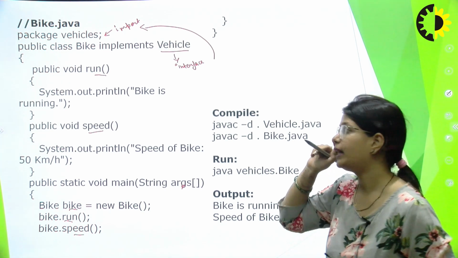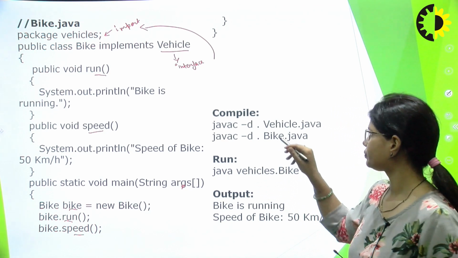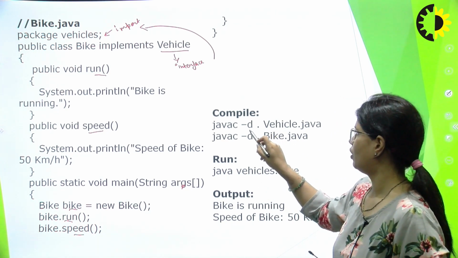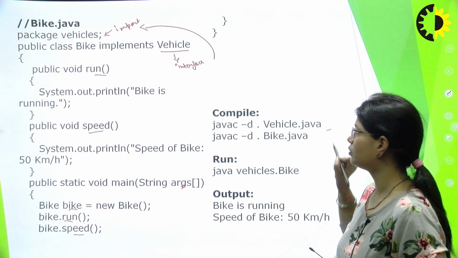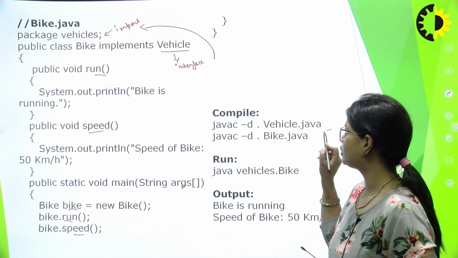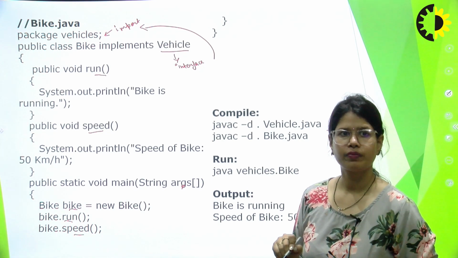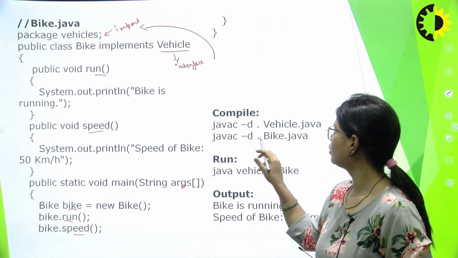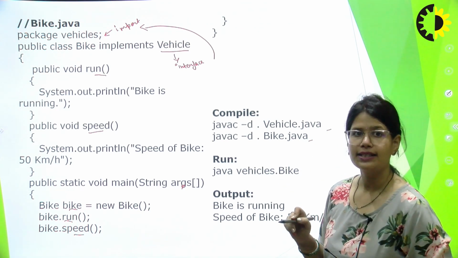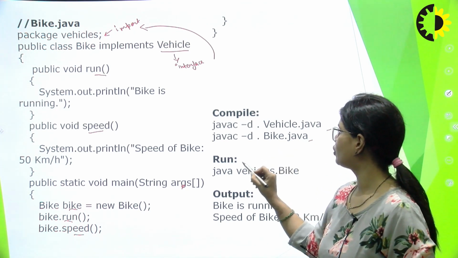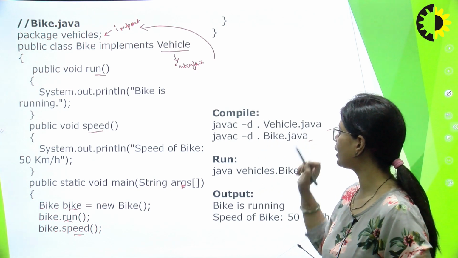Fine. For compiling this, we will do javac -d . Vehicle.java, right? Vehicle.java is your interface, then Bike.java is the class which you have created, which is implementing the Vehicle.